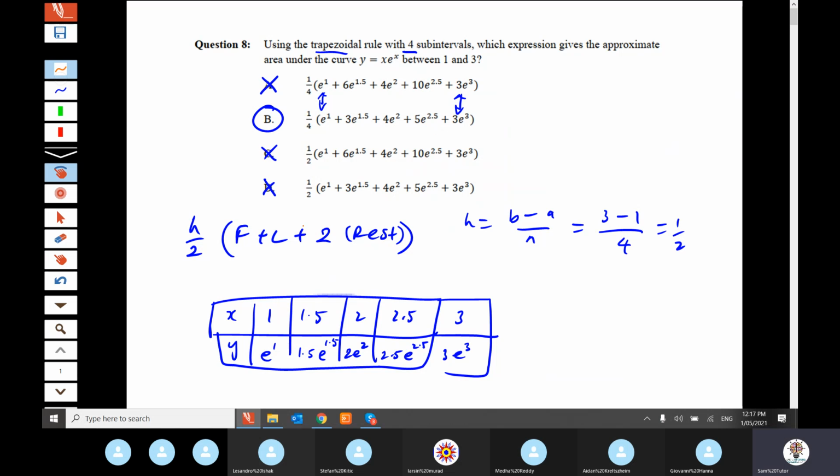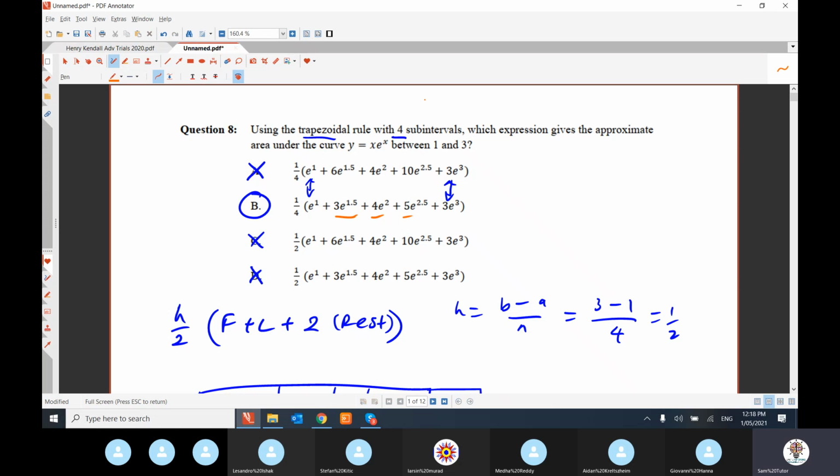So the final answer would look something like this: a half over 2, first plus last, plus 2 times the rest: 1.5e^1.5 plus 2e^2 plus 2.5e^2.5. I think you get it, I'm not going to expand it. And then it becomes 3, 4, and 5. Clear? So my assumption was wrong. Oh well. Looking good.